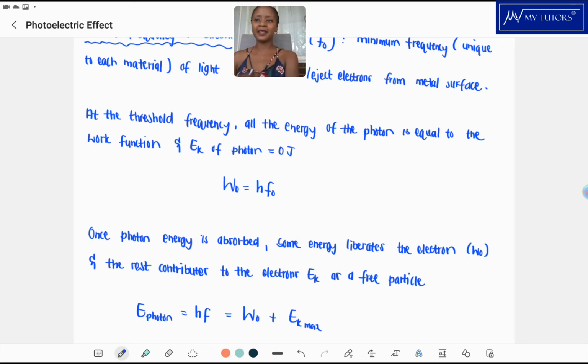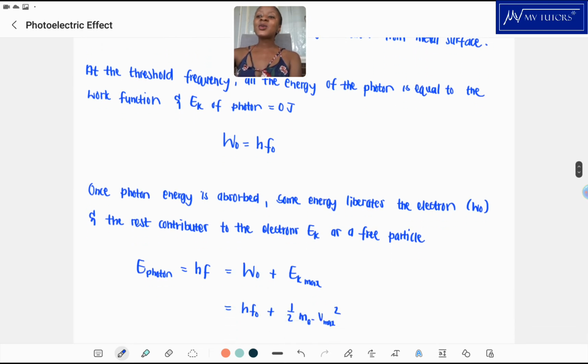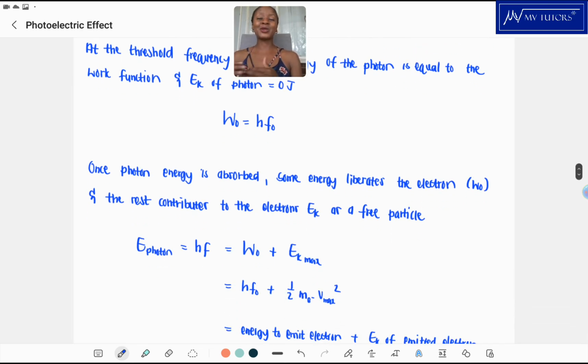So now we get to the next step. The electron woke up from rest, and now once photon energy is absorbed, some energy liberates the electron, so it just wakes up the electron, and the rest contributes to the electron's kinetic energy as a free particle.